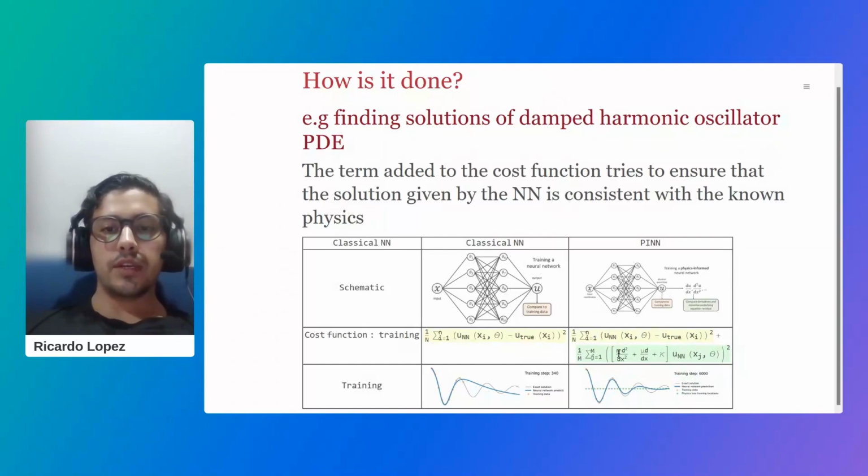This part is eventually going to be zero. So when you minimize the cost function, you are making sure that the solution of the neural network follows the solution of the differential equation.